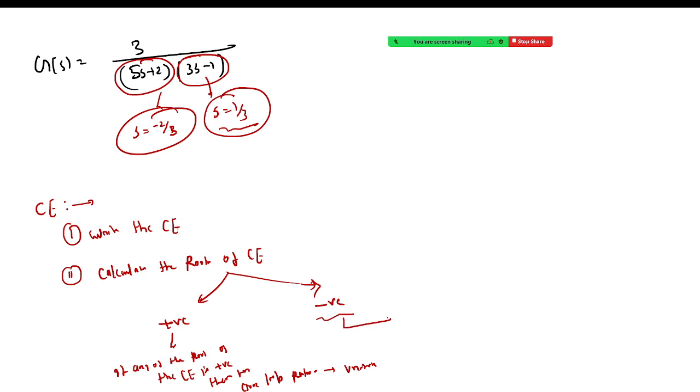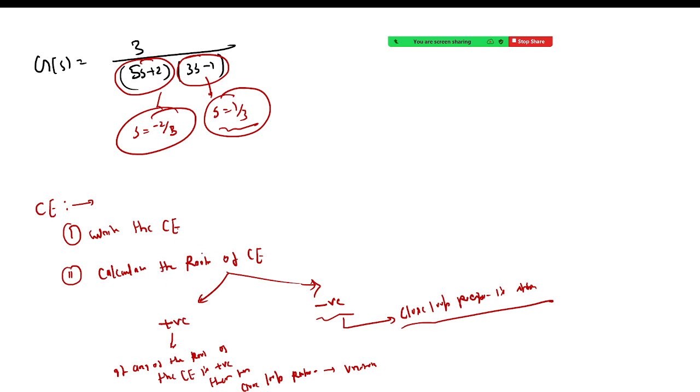And if roots are negative, then the closed loop response is stable.